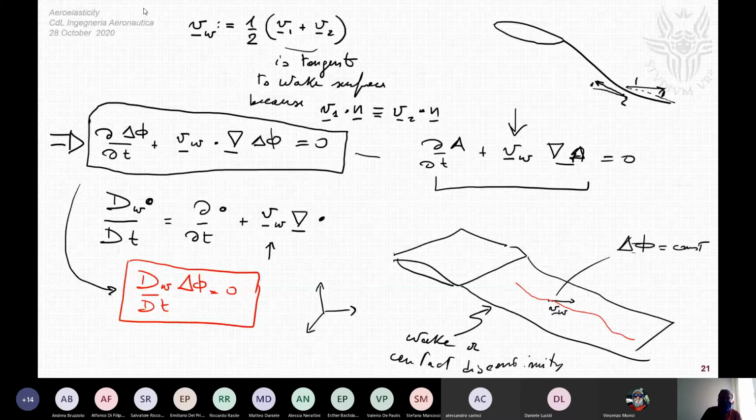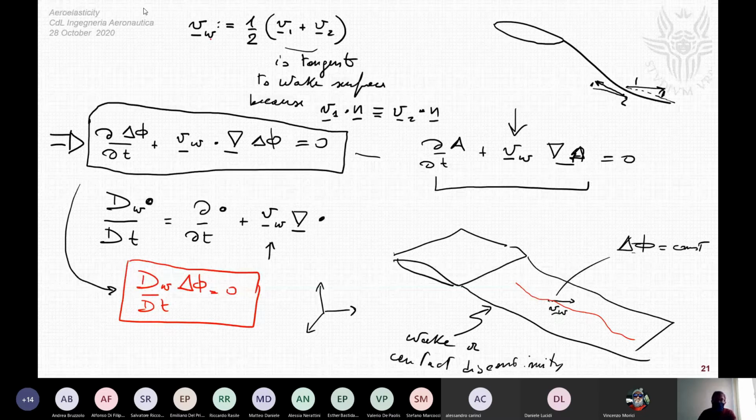Of course, v wake is part of the unknowns of the problem, because we don't know the potential flow, we don't know the velocity potential, we don't know the velocity, and so we don't know the wake velocity. So the determination of the wake geometry and of this velocity for applying this rule is part of the problem as well, and this indicates the nonlinearity of what we are describing.